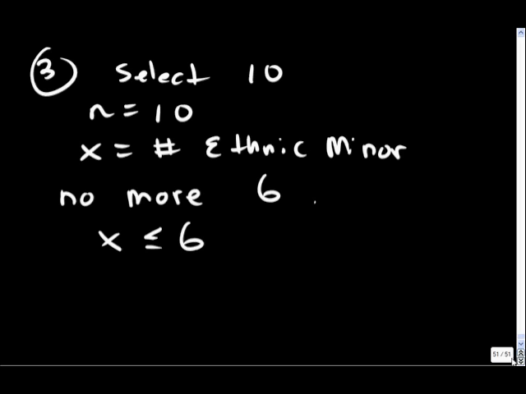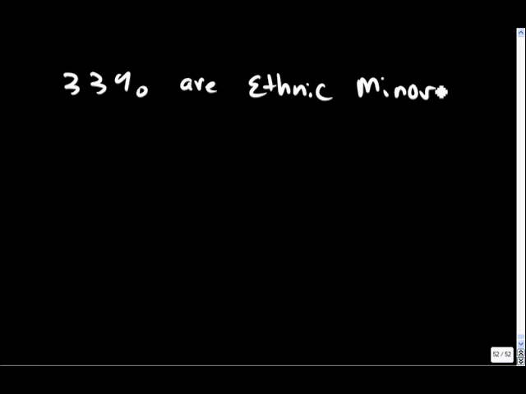I want to point out that 33% of the population are ethnic minorities. So the probability of selecting one ethnic minority is 0.33.